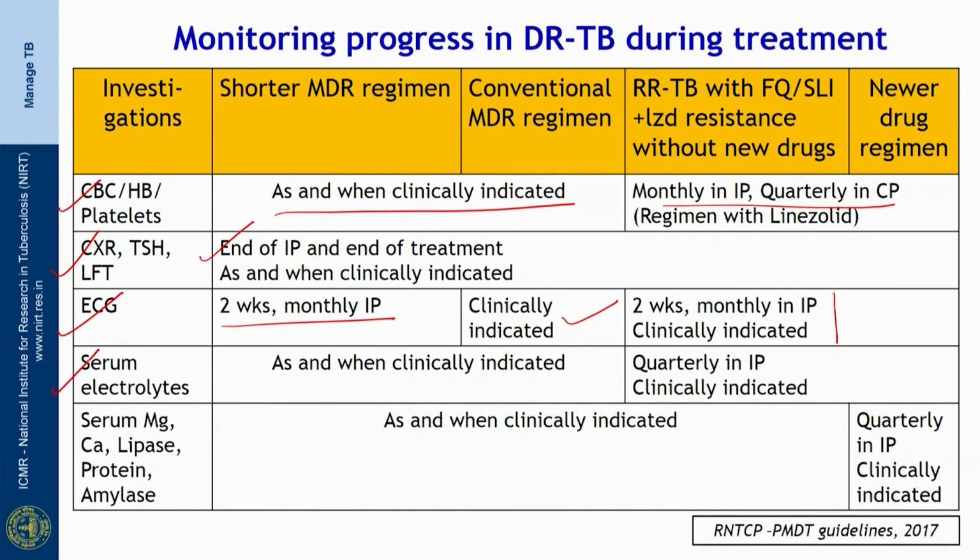Serum electrolytes in case of regimen without new drugs or with new drug regimen have to be done quarterly in intensive phase and as and when clinically indicated. Serum magnesium, calcium, lipase, protein and amylase will have to be done quarterly in intensive phase if the regimen includes a new drug and as and when clinically indicated.